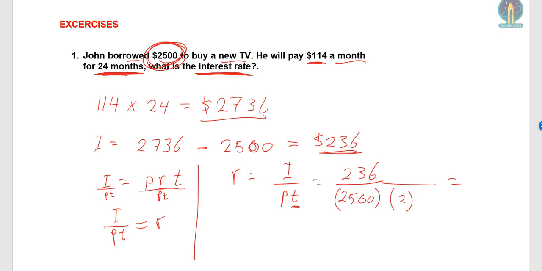So 236 divided by 2,500 times 2, which is 5,000. So 236 divided by 5,000 is equal to 0.0472, which, again, you move the decimal point 2 places to the right. So this is equal to 4.72%.